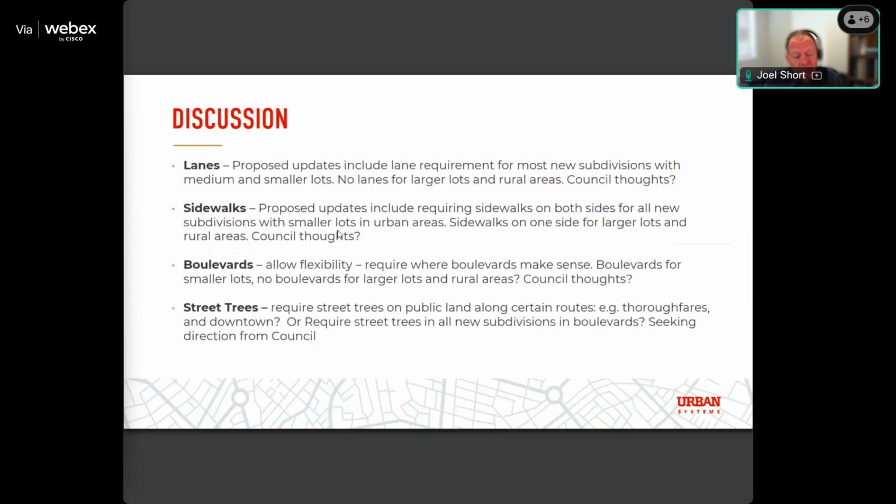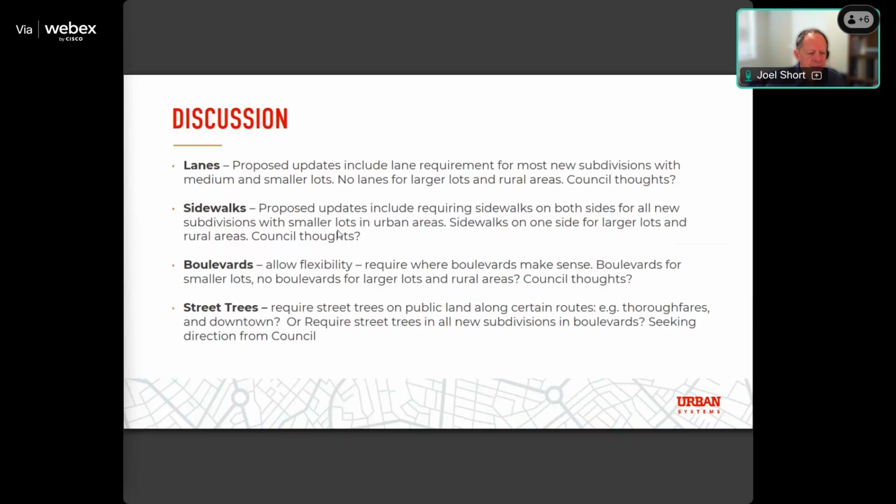Interestingly, when we're doing this subdivision servicing bylaw, we're thinking, wow, the older subdivisions probably got it better than the newer ones in terms of thinking through how a subdivision should be laid out, and you've already got some great examples in Cranbrook. So why don't we think about going back to that type of approach, where we have boulevards and lanes like the Baker Hill area? That's mainly what we're thinking about there.